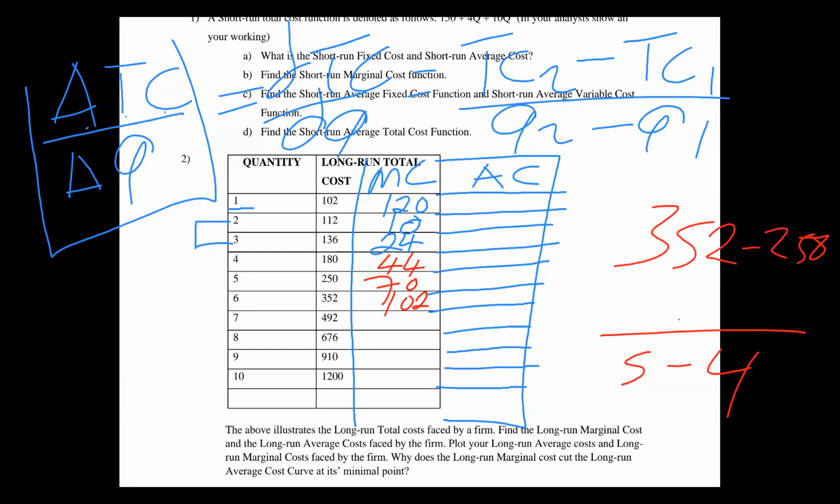We're finding the marginal cost function in the long run. What are you finding? 140. Okay. Then 676 minus 492.